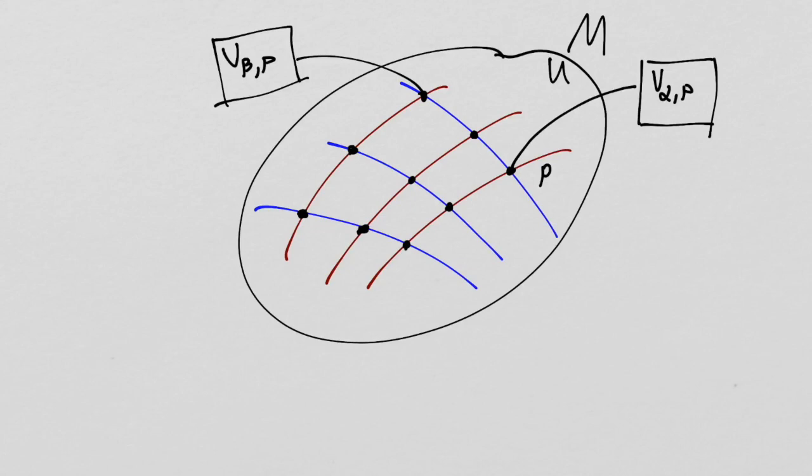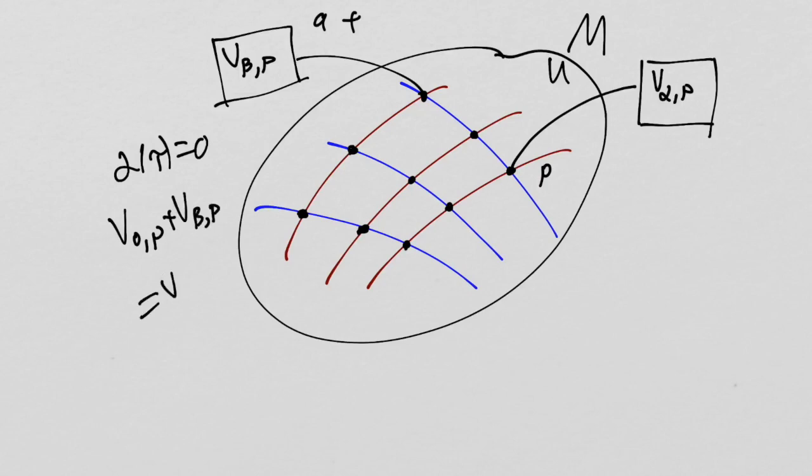And it's a vector space. I've only demonstrated that it's got a scalar multiplication and that it's got an addition. But obviously, if the zero curve, alpha of tau equals 0, was involved, then the directional derivative will be 0 as well. So it has an identity element, and you can show quite easily that v of 0 at p plus v of beta at p equals v of beta at p. So the identity rule works.